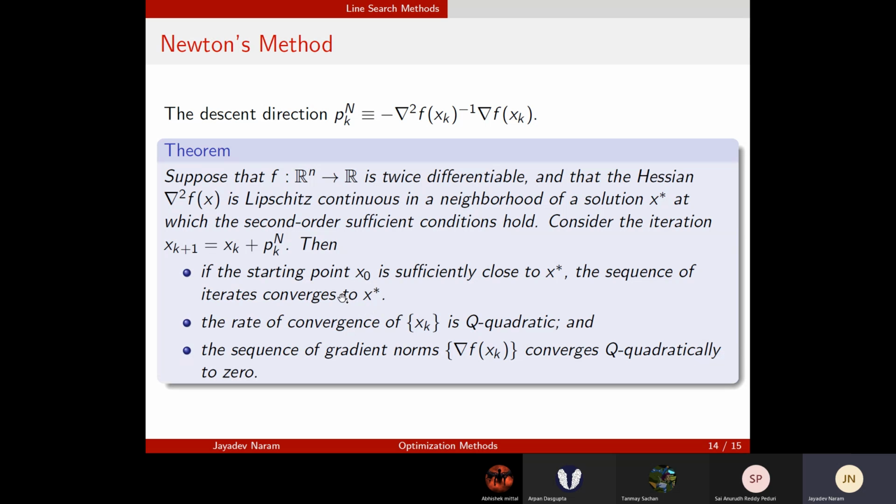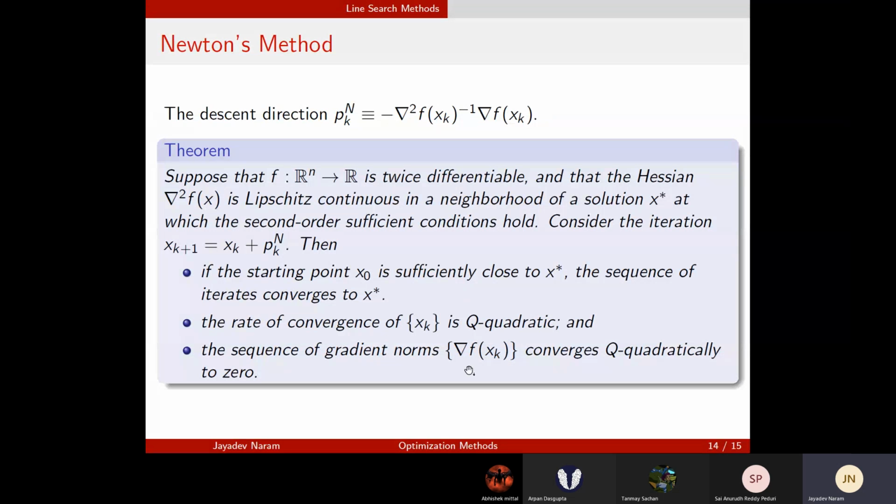Then the rate of convergence of the sequence of iterates that we generate is Q-quadratic. Since it converges to x star, the rate of convergence is Q-quadratic, so it rapidly converges. And the sequence of gradient norms, this should have been a norm, converges again Q-quadratically to 0 this time.